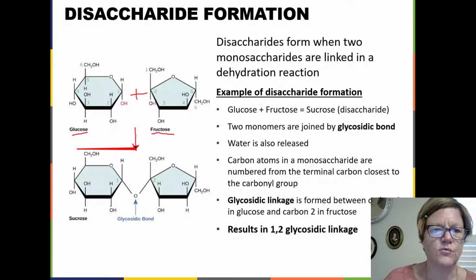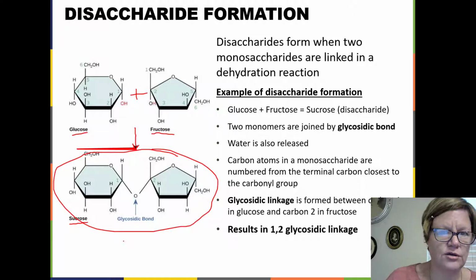So instead of having 2 molecules at the end of the reaction, you just have one. That new molecule is called sucrose, and it's really just a glucose that's covalently joined to a fructose. But now the whole thing is just one molecule.